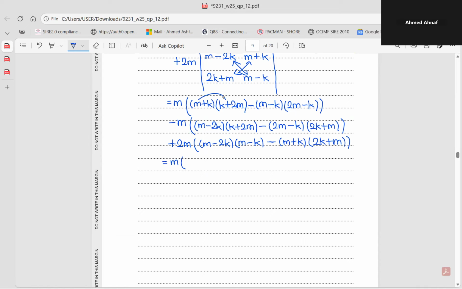So m times mk, mk plus k squared, times 2mk, m times k plus 2m squared, plus 2m squared, plus k squared times 2mk minus m times 2m, so 2m squared minus k times 2m, so minus 2mk, minus mk, so that is minus 3mk plus k squared.